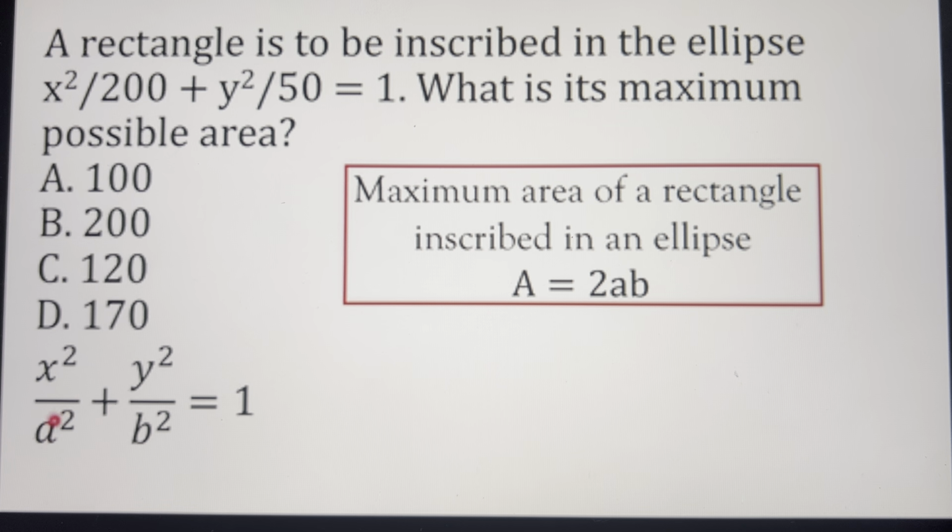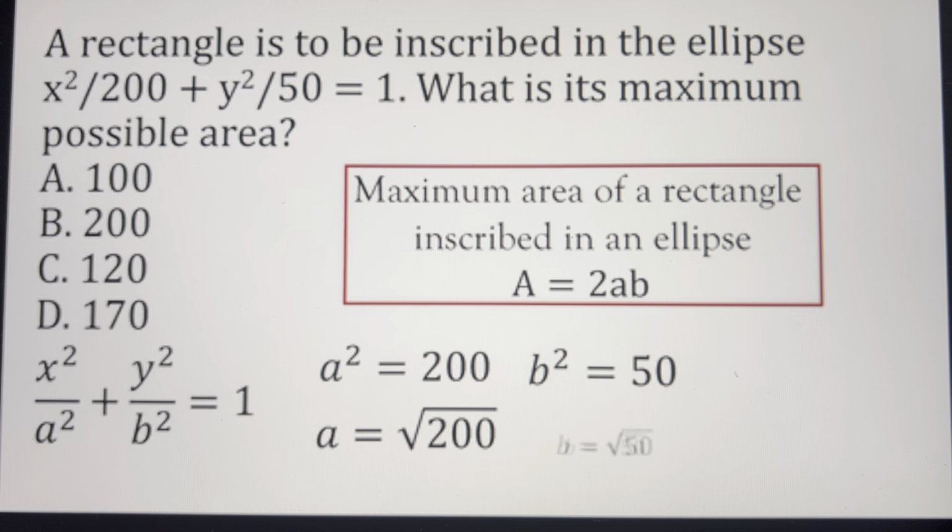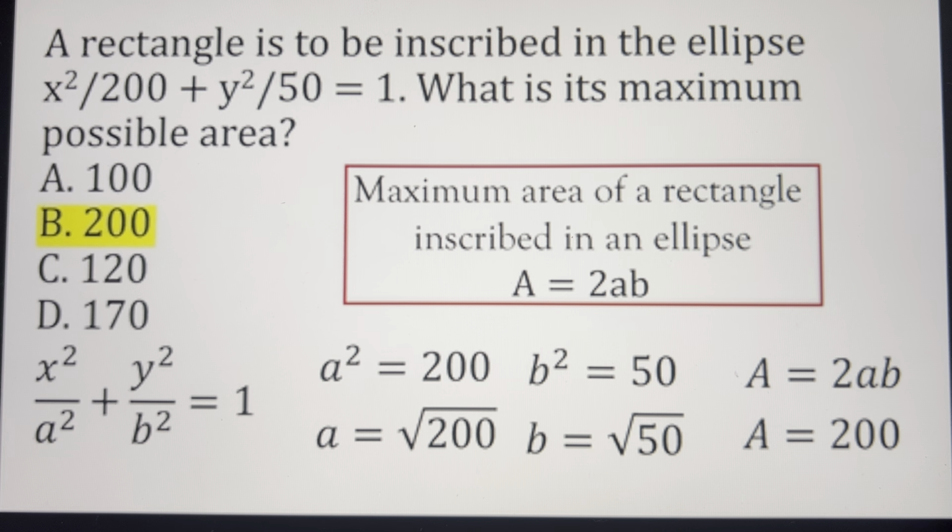Meaning, a squared is under x squared and that will be 200. So a will be square root of 200. And b squared is under y squared. So b squared equals 50 and b will be square root of 50. So it is 2ab, where a is square root of 200 and b is square root of 50. So inserting the two values, answer will be 200.